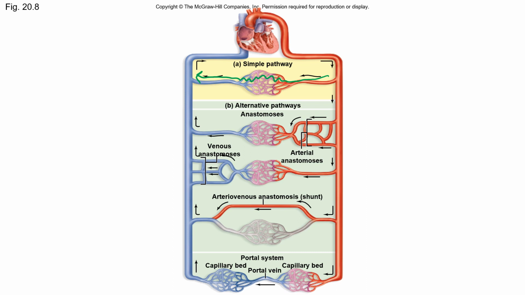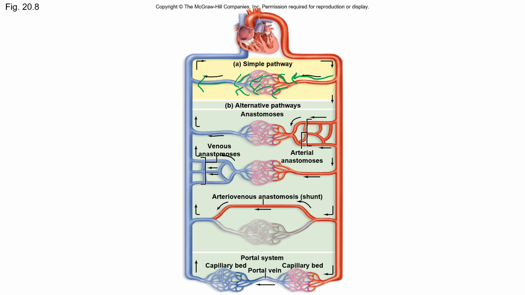Or rather, this is probably traveling through one named artery, and then a couple of arterioles, a mess of capillaries, a couple of venules, and a named vein. Anastomoses are pathways where there's more than one pathway to get where you're going.